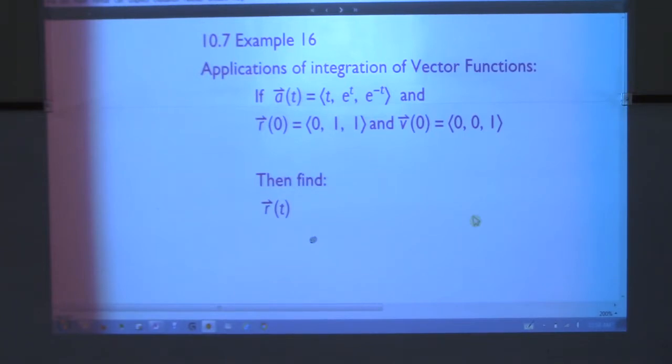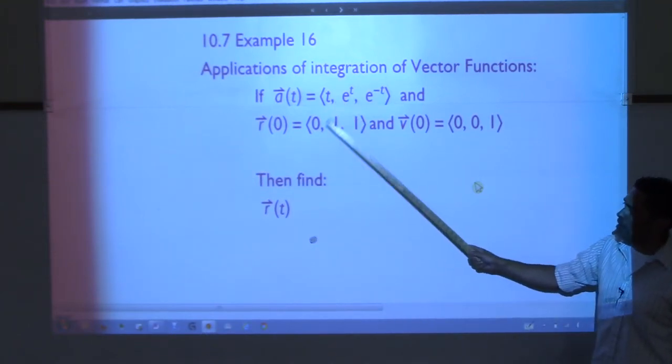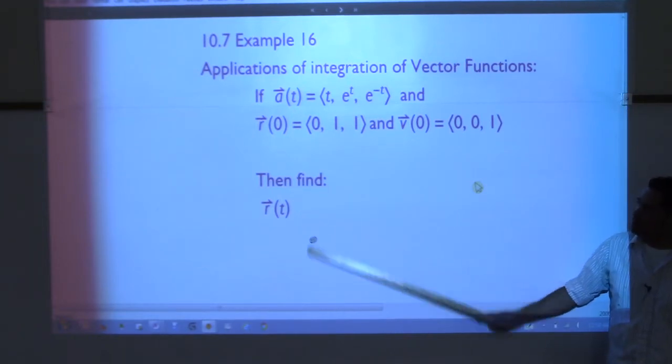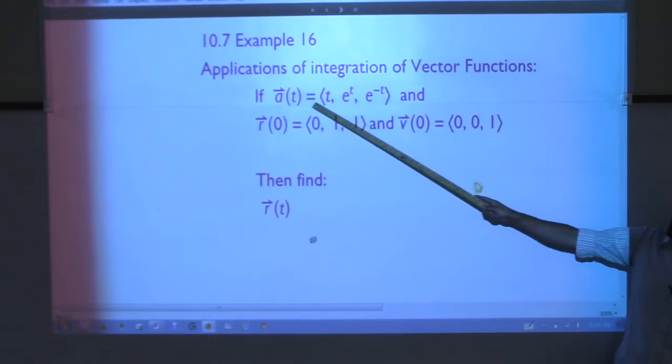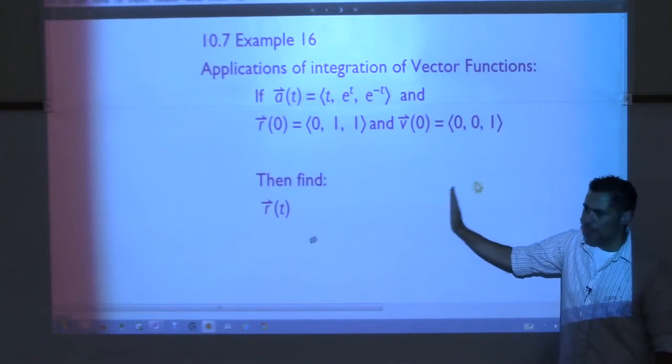This problem starts out with an acceleration function and asks you to get all the way back to the position function. I'm not going to work this one out. Let's just talk through it. What would I do first? You would take the antiderivative of a of t, which would give me the velocity. And I would have three components, right?